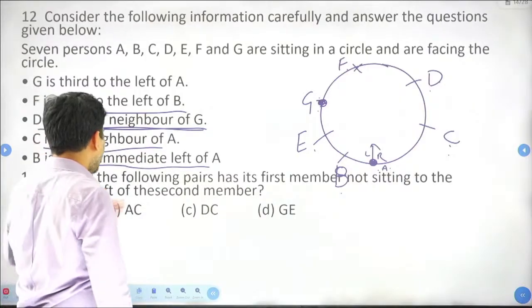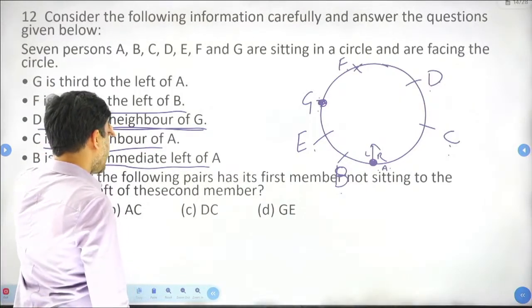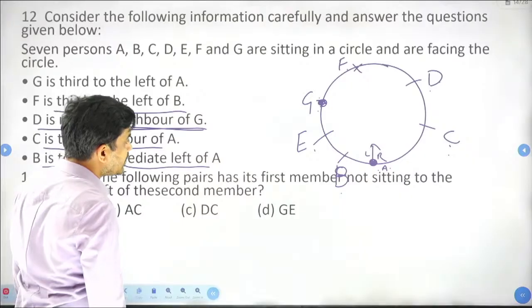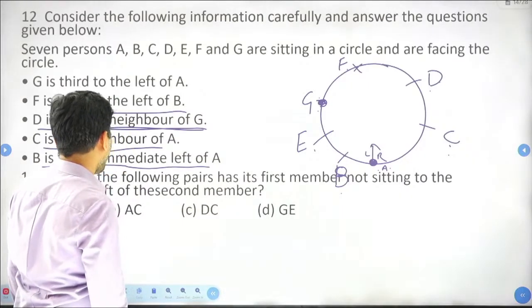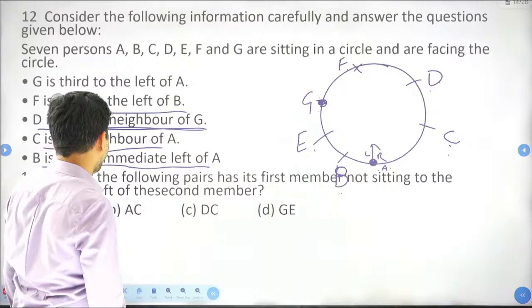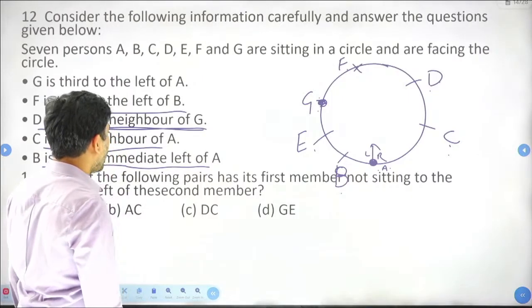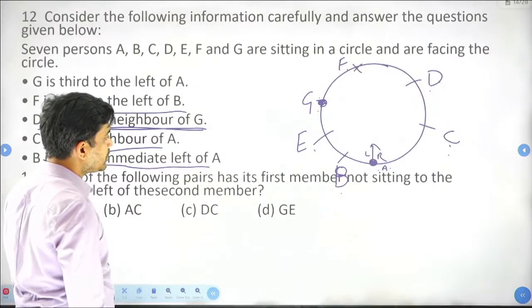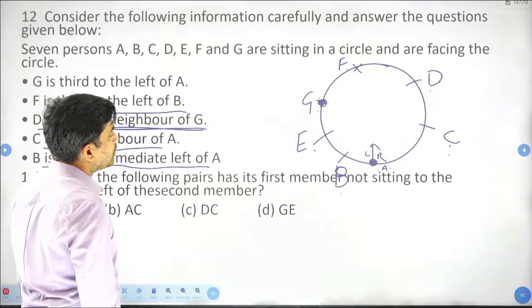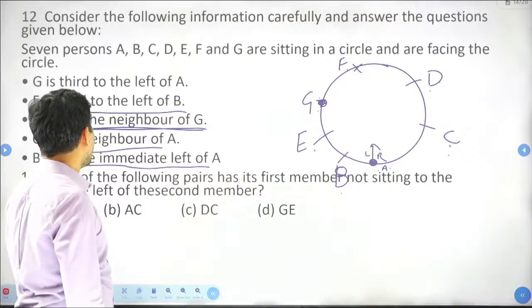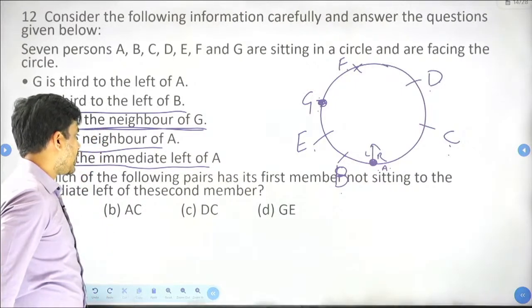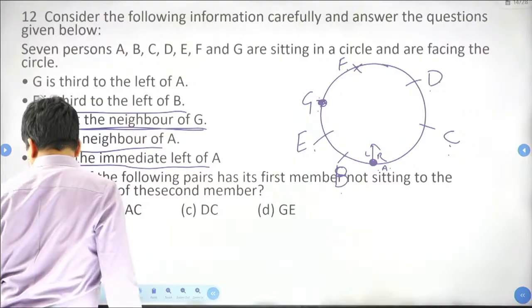Chalo. Which of the following pairs has its first member not sitting to the immediate left of the second member? Okay, 1 second.